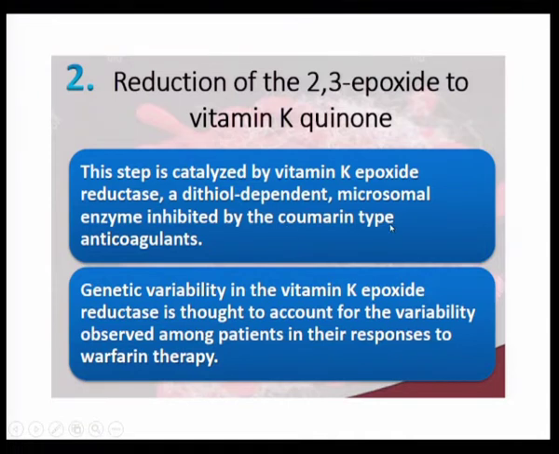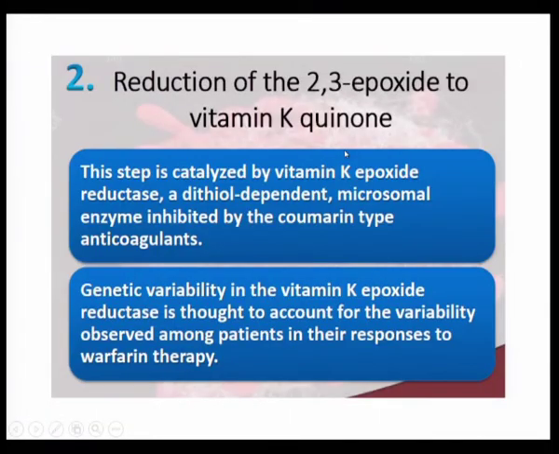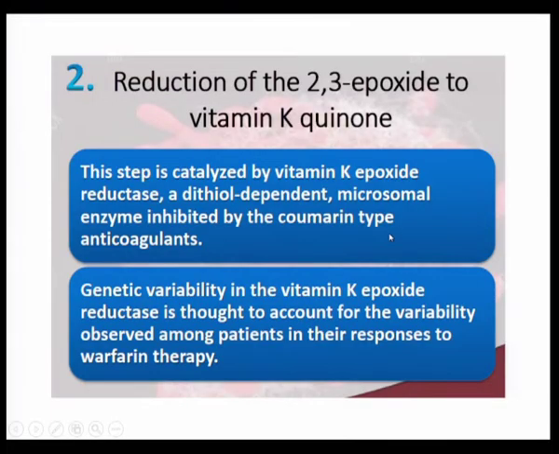Coumarin is also a natural product, but the one which is very popular and used in therapy is warfarin. So all coumarins have an anti-vitamin K mechanism of action. So what exactly do they do? They go and inhibit this enzyme, vitamin K epoxide reductase. So vitamin K epoxide reductase is inhibited by coumarin type compounds like warfarin.